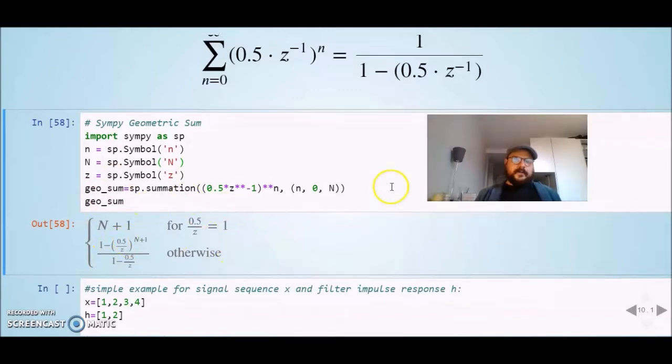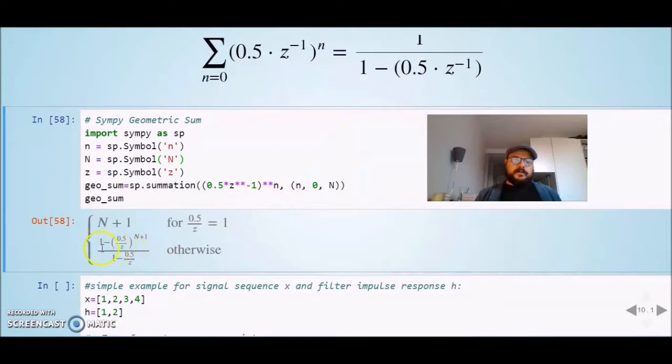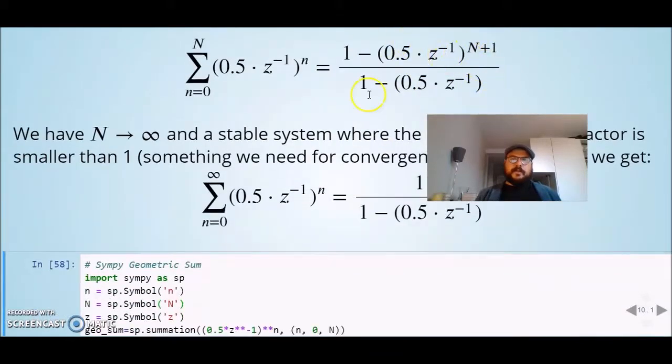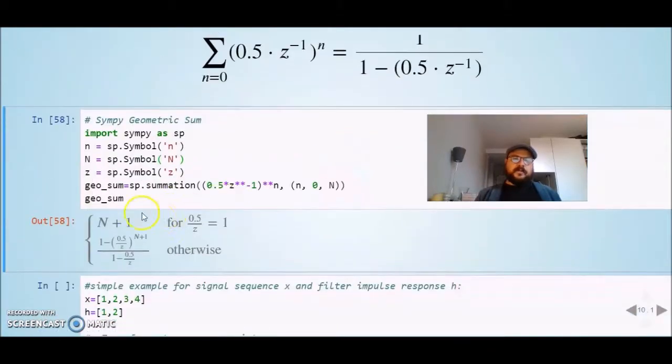We have here the same result as here. So it's 1 minus 0.5 times z to the power of minus 1 to the power of n plus 1, what we have here, and this here is here. So if we would do the limit when n goes to infinity, this here goes to 0.